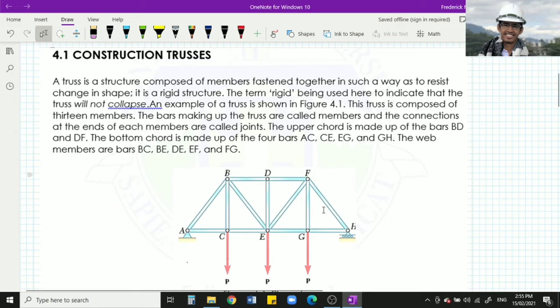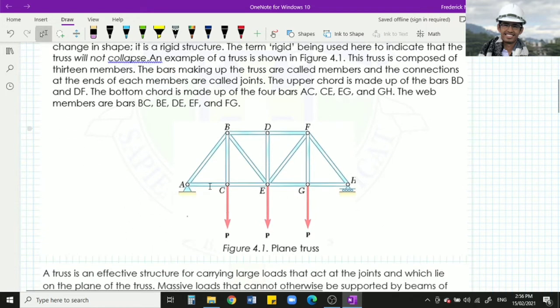Okay? And another place we can see trusses is in towers, like the big electrical towers, or the towers of Smart, PLDT, Globe. So they are composed of trusses.